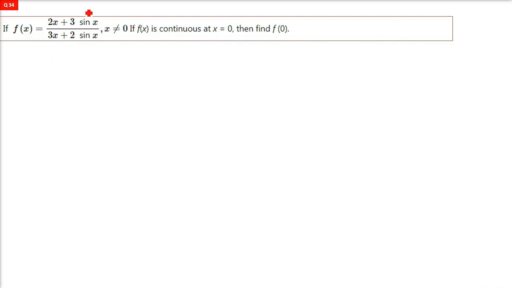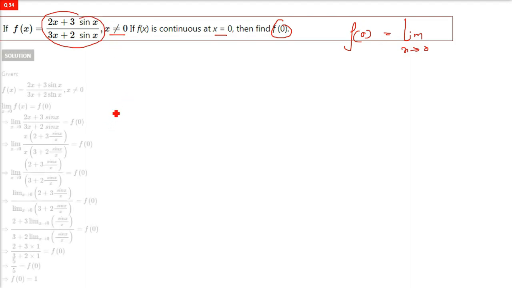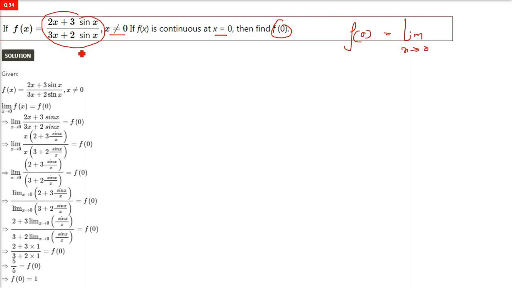If f of x is this, for x not equal to 0, and f of x is continuous at x equals 0, then find f0. So first, we apply limit x tends to 0, and we can see that sin x by x is 1. So the best way is to divide the numerator and denominator by x.